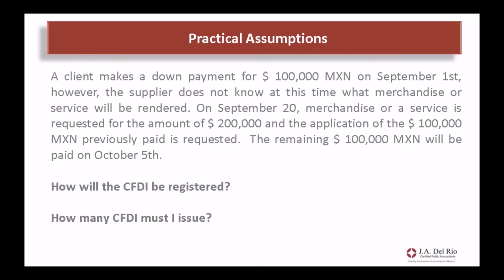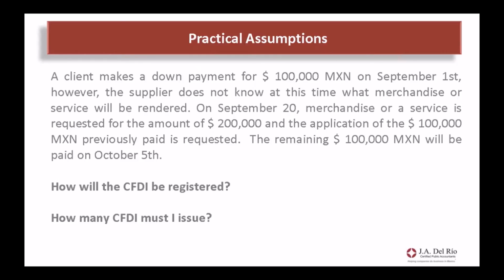If we already know how the payment occurred, we're going to use the code, for example, 01 for cash, 03 for transfer, etc. So that is to recognize that we received a down payment or advance payment.